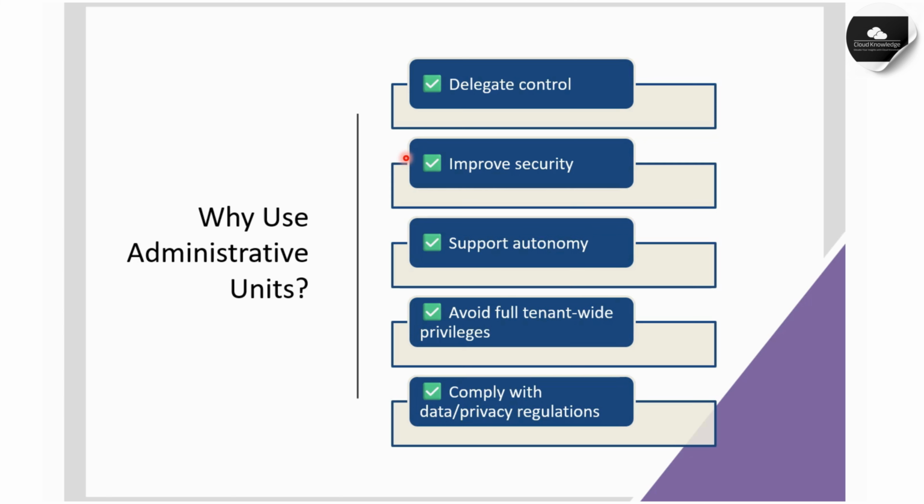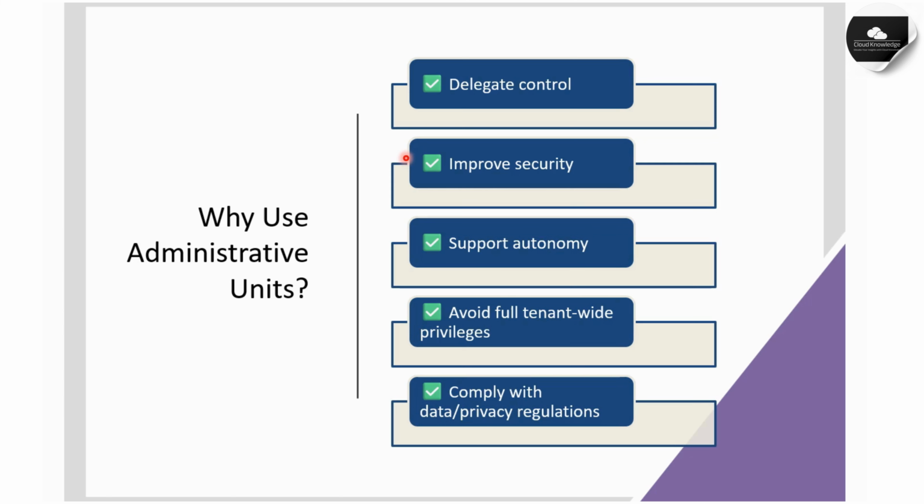So consider that we have an HR admin who just needs to reset the password for an HR user. We can directly assign a help desk administrator role to that HR admin, and he can only have access to those users under his AU.